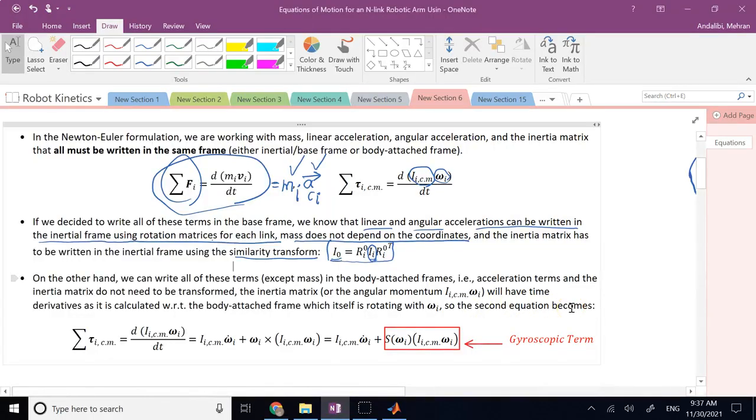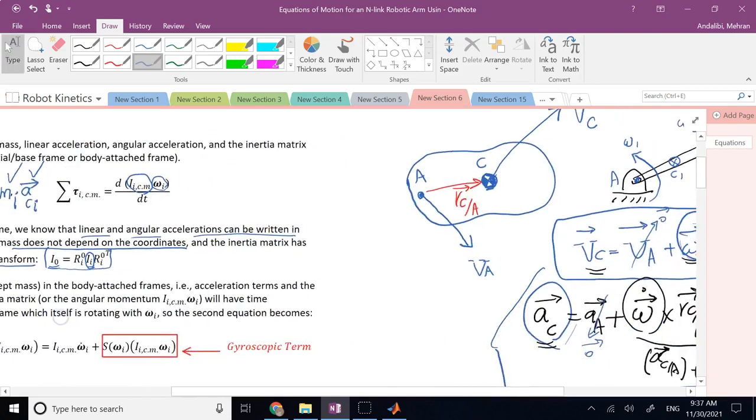Now, the important thing is this II, this middle one here, that is the moment of inertia matrix for link I about which frame? About a frame parallel to frame number I attached to that link, but passing through the centroid.